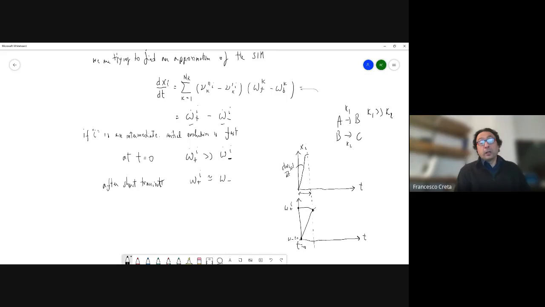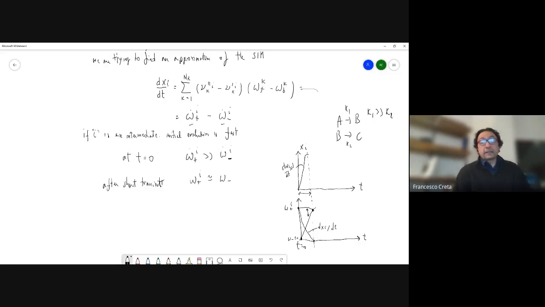What does that mean? Well, the dx by dt, if we monitor it here, will go something like this. It will reach 0. So I'm monitoring the rate of change of the species. Now clearly the difference will measure how big the rate of change is.